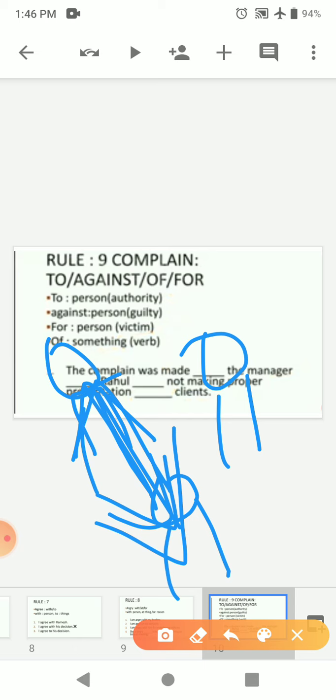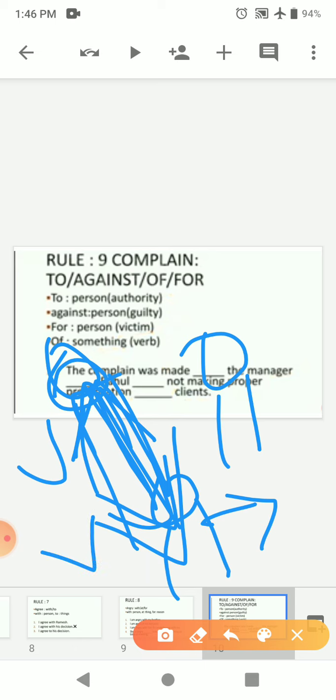Then you decide to go to your mother in order to complain against your sister. So you are the victim, and you are going to talk against your sister.